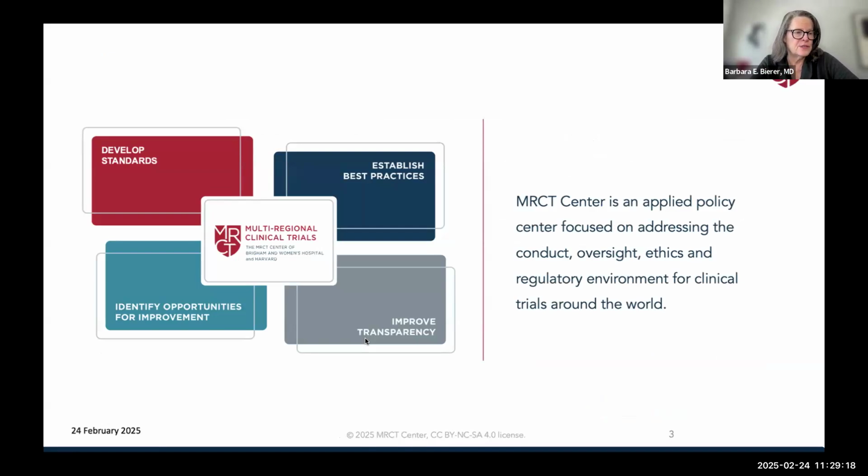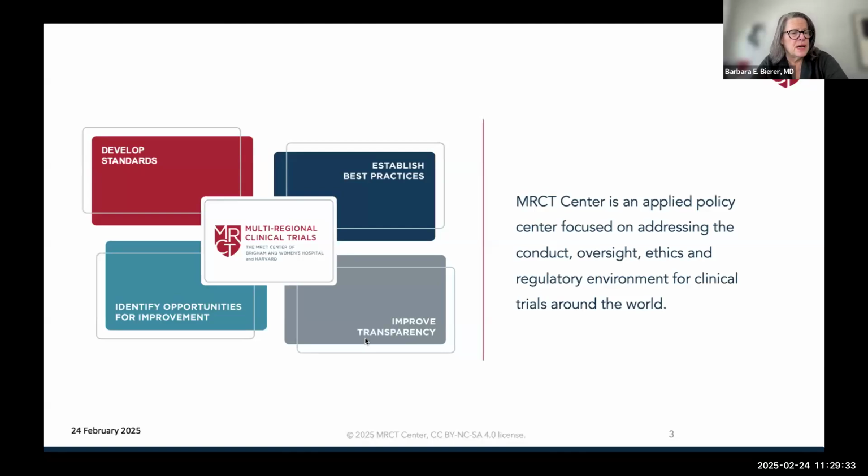So we've done a lot of this work at the MRCT Center, which is an applied policy center and research center focused on addressing the conduct, oversight, ethics, and regulatory environment for clinical research around the world.